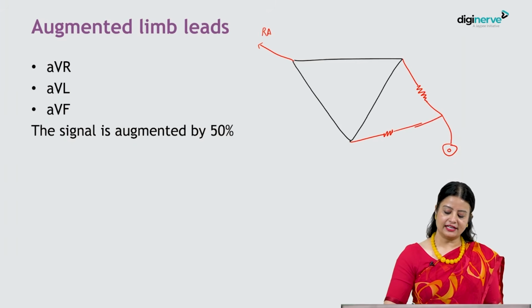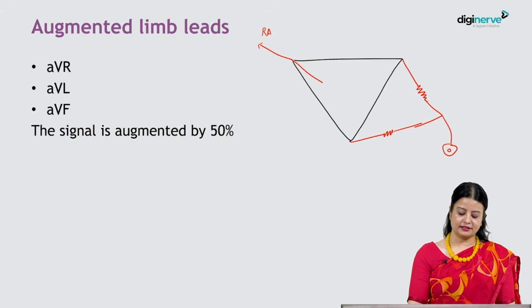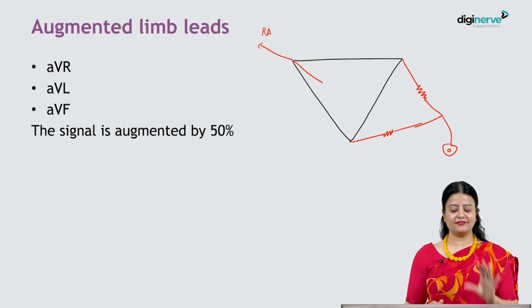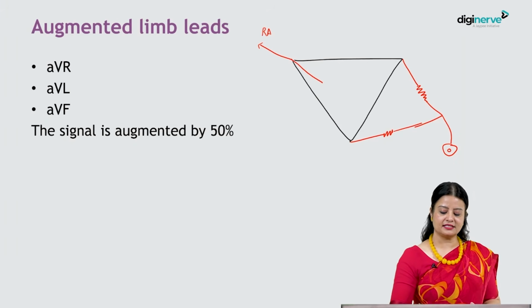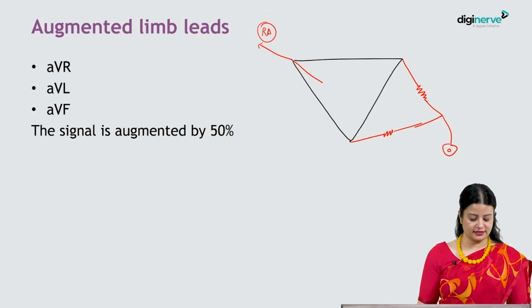So the active electrode being at right arm, the direction of the augmented limb lead AVR is in this direction, which is opposite to the mean cardiac axis.